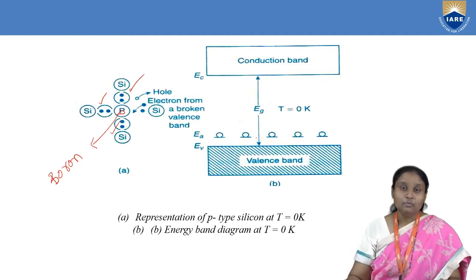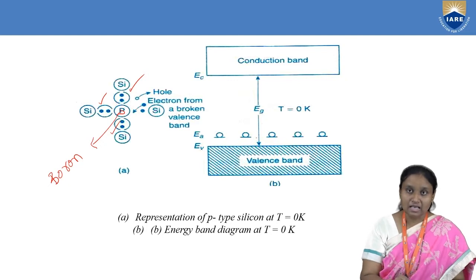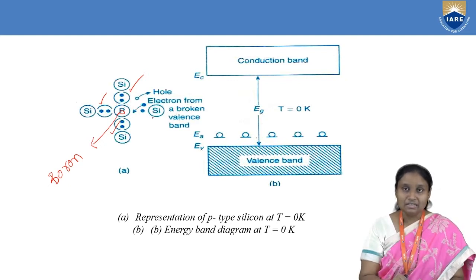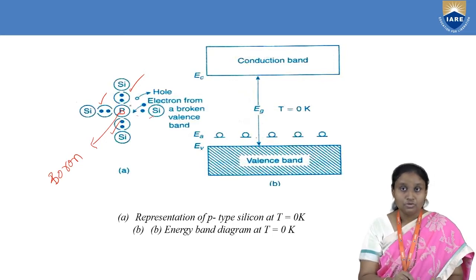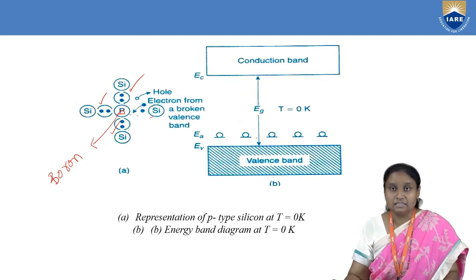Okay, then what about the fourth bond? What you will observe here is, as you can see, this intrinsic atom needs one electron in order to form bond with boron. So this silicon will give its electron to boron, or boron will accept an electron from the intrinsic atom.